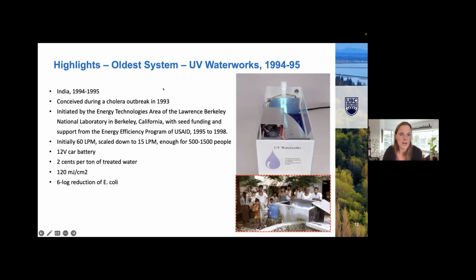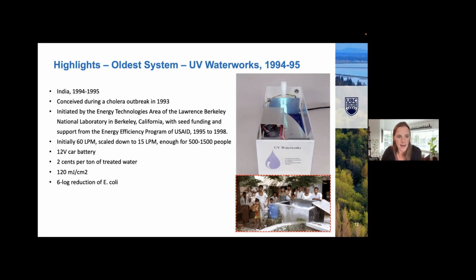So this one, the UV Waterworks, this was the oldest case study that we mentioned. So UV being implemented in 1994 and 1995. And this was due to a cholera outbreak that they had in the community in 1993. And I mentioned it was a collaboration with Lawrence Berkeley National Lab in Berkeley with funding from USAID. And so they did testing in the lab and then installed it into the community.